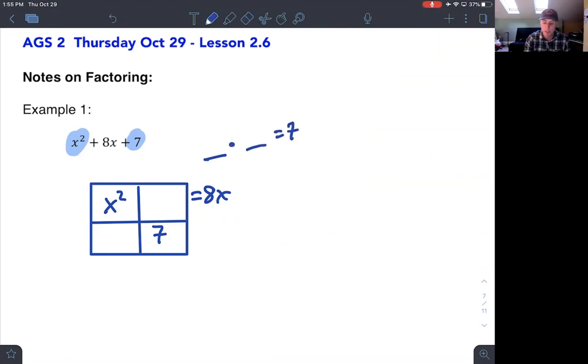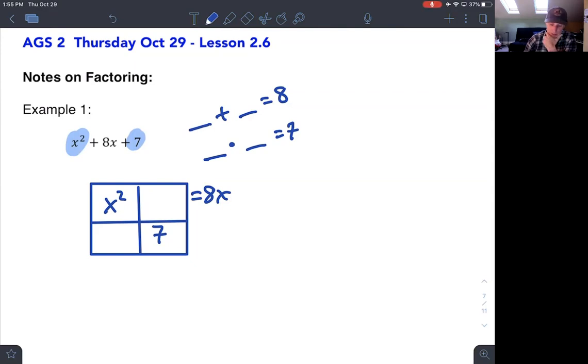Something times something equals 7. And we also know that something plus something has to equal 8. That's this 8x. So can you think in your head what two numbers add to make 8, but multiply to make 7? What do you think? You can type in the chat, you can shout it out. Just think for a second.